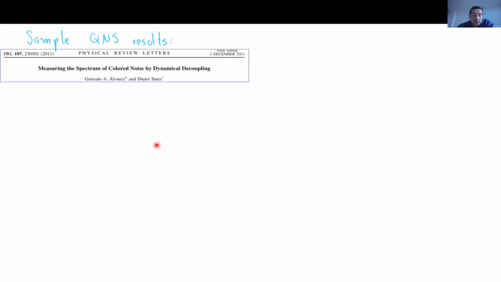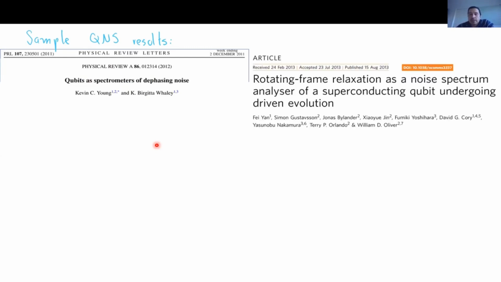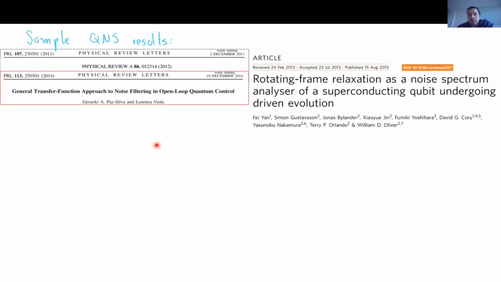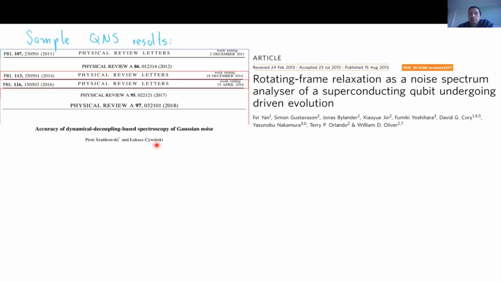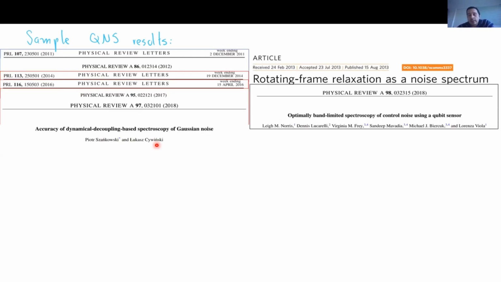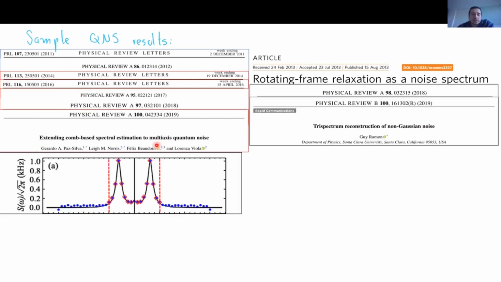And so indeed, this has been the objective of many papers that have appeared over recent years, that essentially try to generalize the simple observation that I was just mentioning into increasingly more general models, right? So we go from the simple dephasing model to much more general things. And so now we can reconstruct a spectrum for arbitrary Gaussian noise, for instance.